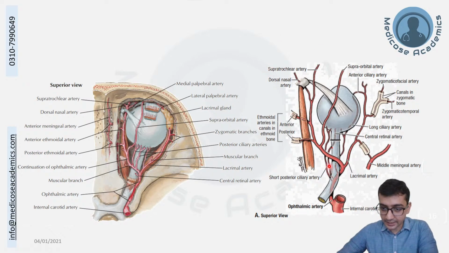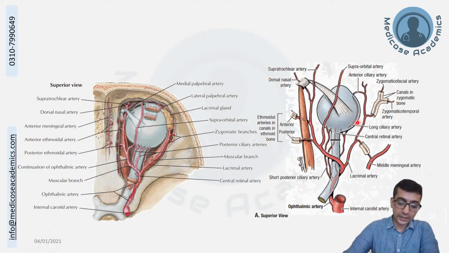First, you can see this artery. It enters the optic nerve. It is a very important artery that is called the central artery of the retina. It becomes part of the optic nerve and then spreads around in the retina itself. It supplies the retina. The very important thing to remember is that the central retinal artery is an end artery.